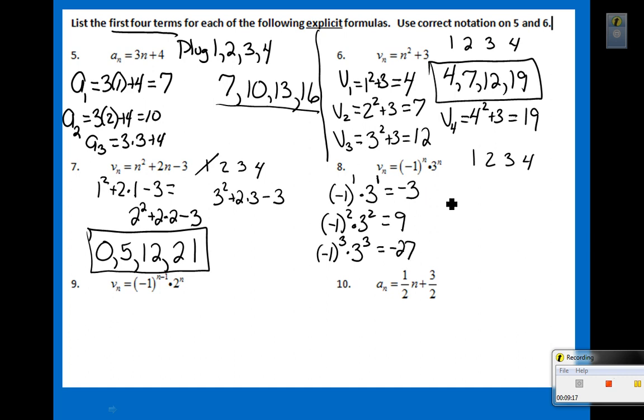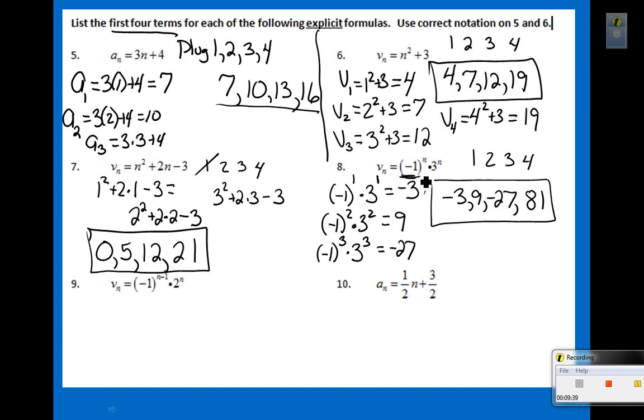So here's what I got so far. I got -3, +9, -27, and when you use a 4, you're going to get +81. Hey, I want you to notice something on this. Notice how it went negative, positive, negative, positive. Whenever you have -1 to a power, your signs are going to flip-flop.